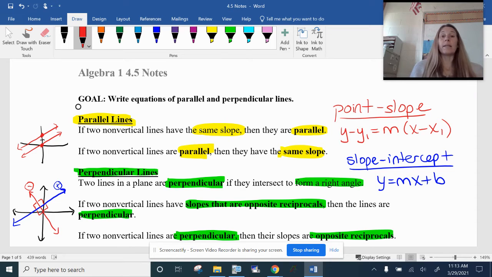Now, if it's just any negative number and any positive number, they'll intersect, but they may not intersect to form that right angle. So in order to ensure that right angle, the slopes not only would have to be opposite signs, but also reciprocals of each other, because their rise over their run would be exactly the opposite. So if you had, for instance, a slope of 3/4, rising 3 and running 4, then the other one would have to be the opposite. It would have to have a rise of 4 and a run of 3.